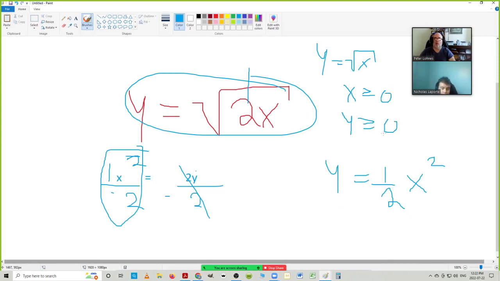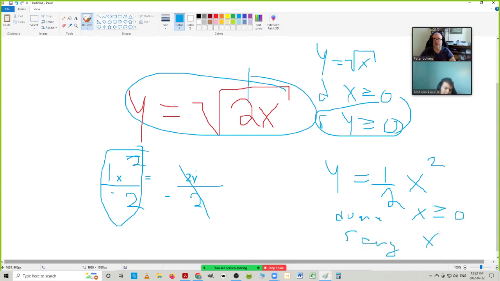Now, what do you know about inverses? Do you remember what I said about inverses? They're the opposite. Yeah, so that means the domain of this one must become the range of that one. So the domain of this is x is bigger or equal to 0, and the range must also be swapped, so y must be bigger or equal to 0. It happens to be the same thing because they had the same restrictions, right?